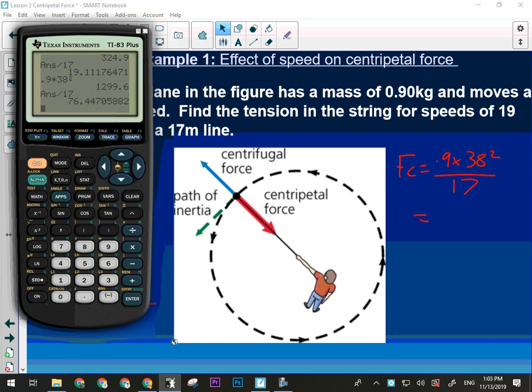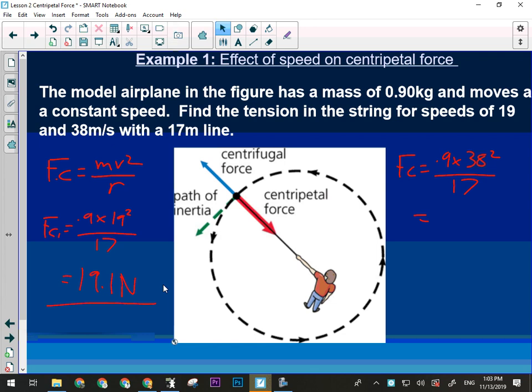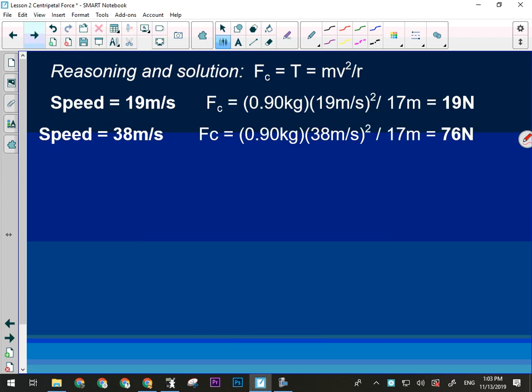Does that look like 4 times more? Yep. Okay, so we're right on that relationship. Okay, everybody all right with that idea? Okay, so that's what we just did there.